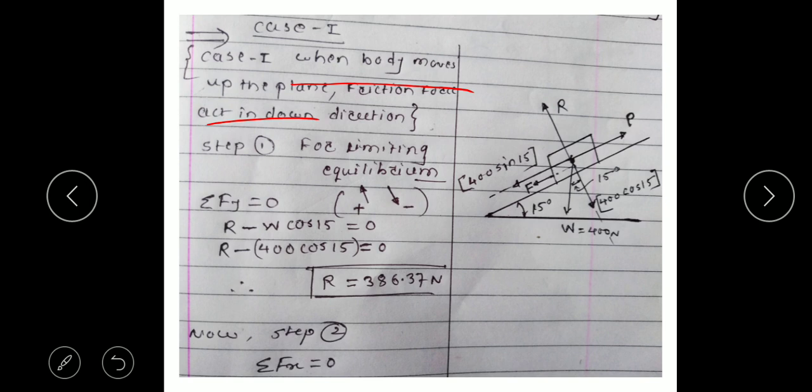The body is placed on the inclined plane, and the force direction is upward. When the body moves upward, a frictional force F is generated in the opposite direction. So we have force P and force F.